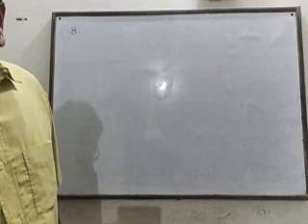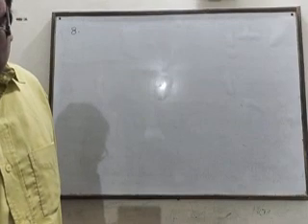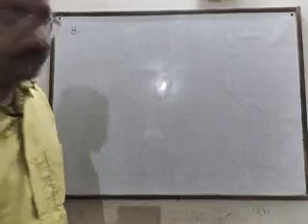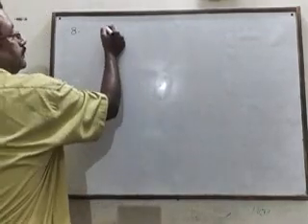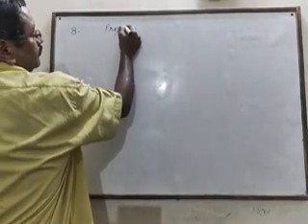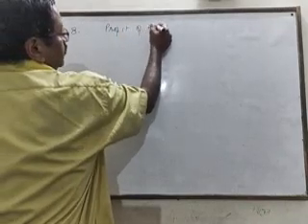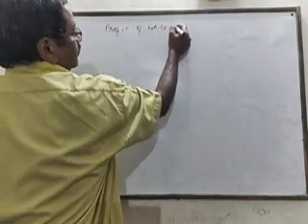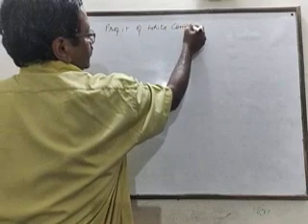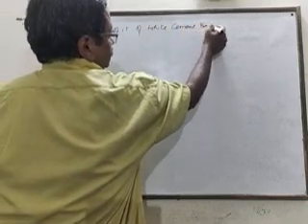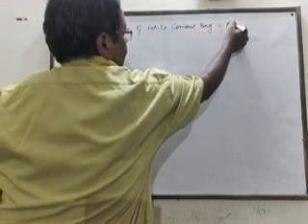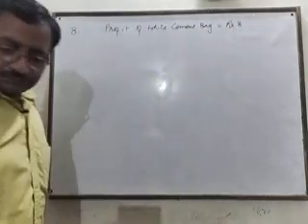A cement company earns a profit of ₹8 per bag of white cement and a loss of ₹5 per bag of grey cement. So profit on white cement bag is ₹8.